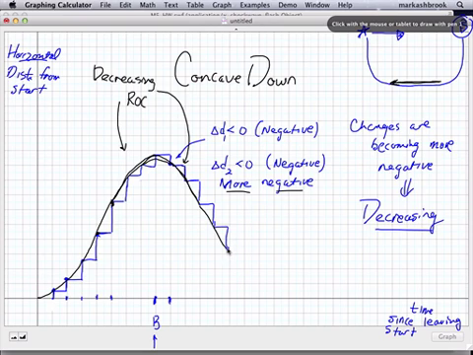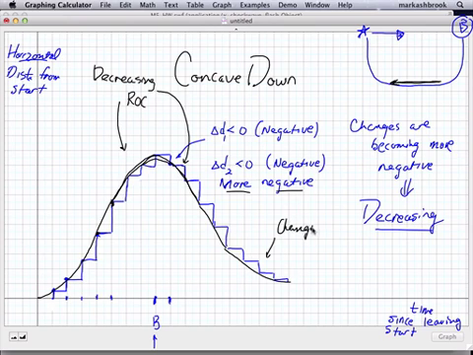The next unit of time, how does the change compare to this one? Less or more negative? Less negative. As he's coming up the left side, each change is less negative, less negative. Increasing or decreasing rate of change? So changes are becoming less negative.